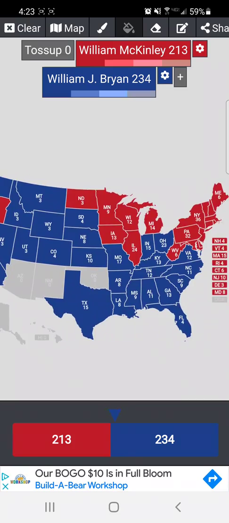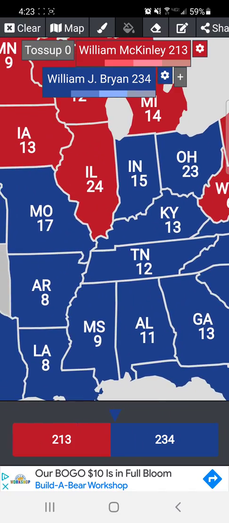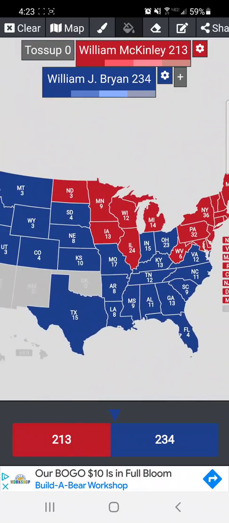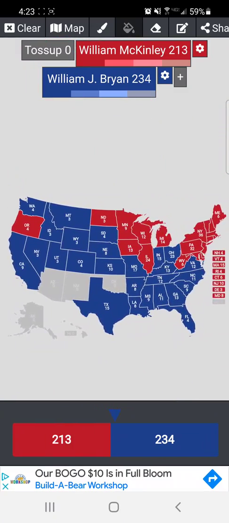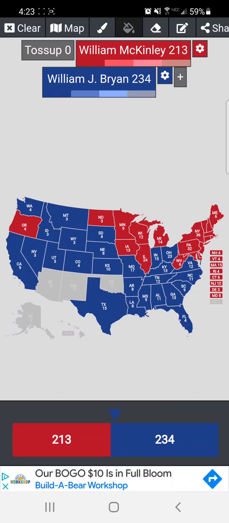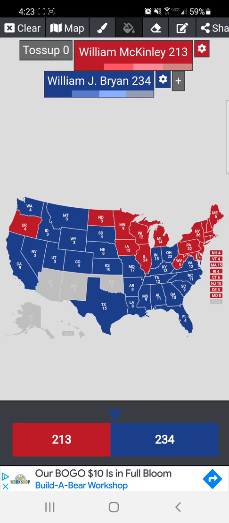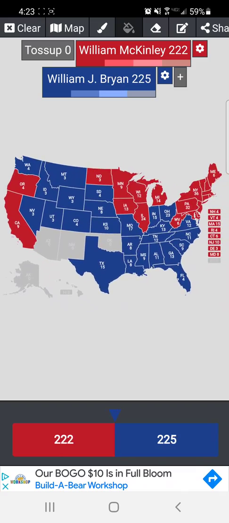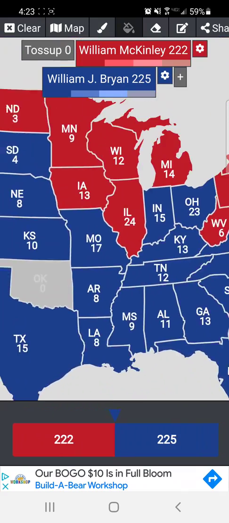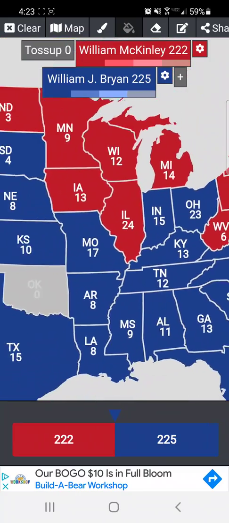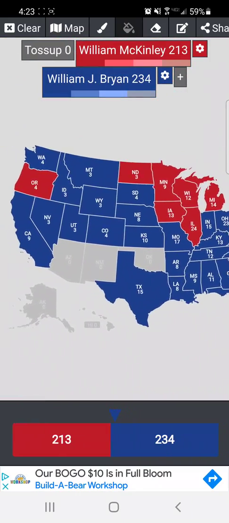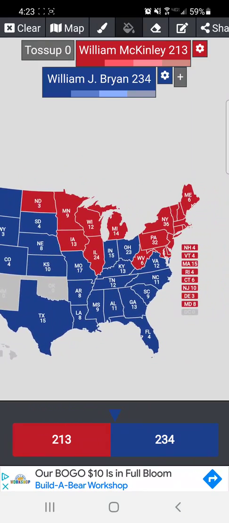He would have to carry Indiana, which would probably be the most likely state to carry, and Ohio. He would need to carry that, plus Kentucky and California, to win. He would maybe need to get California. Oh, not Nevada, my bad. And look, he would just barely win. So you would increase the margin to win California.